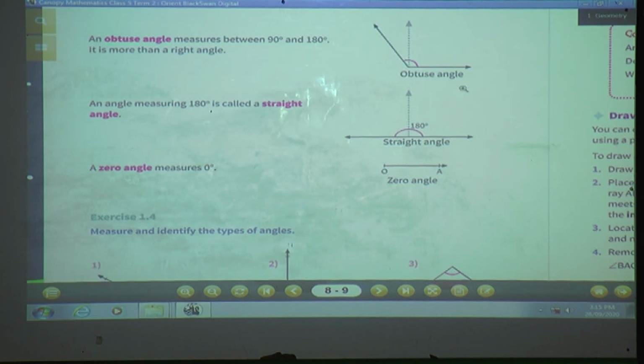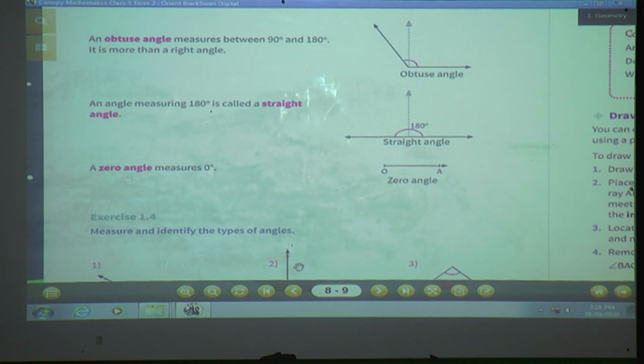An angle measuring 180 degree is called a straight angle. Here is a straight angle, measuring 180 degree. And the last one, a zero angle, measures 0 degree. See, here is the diagram of a zero angle.